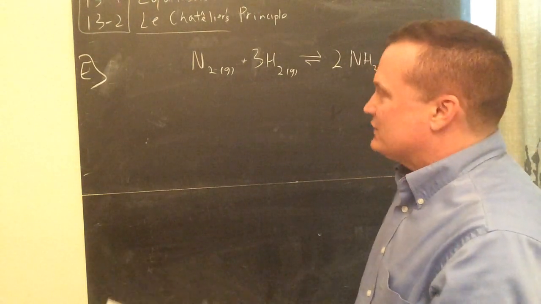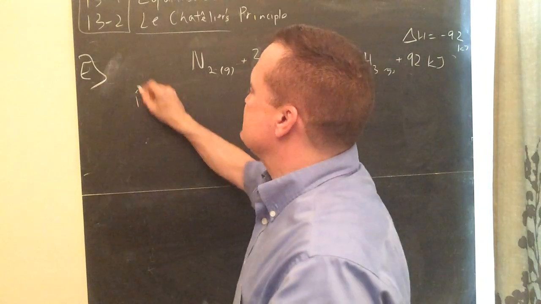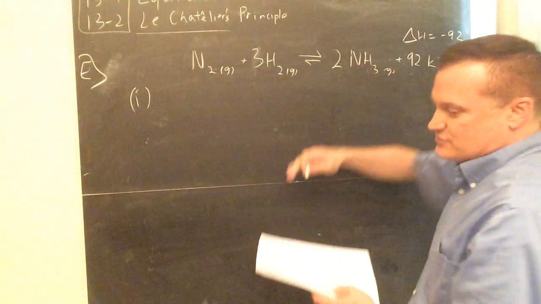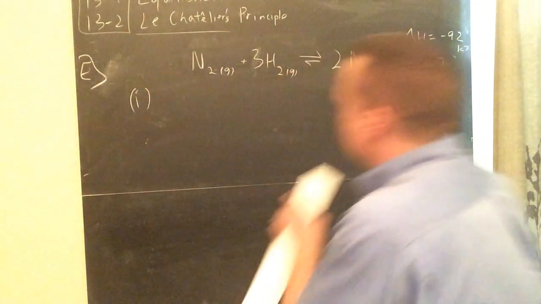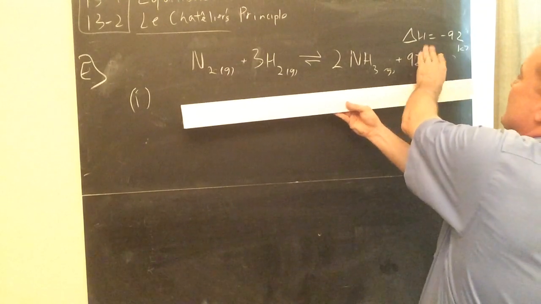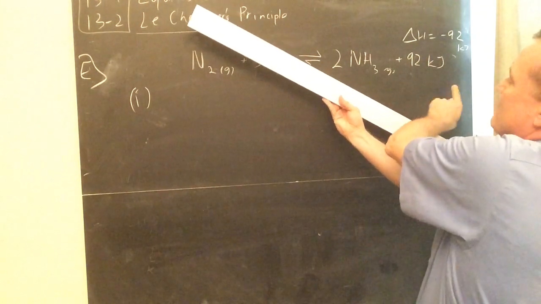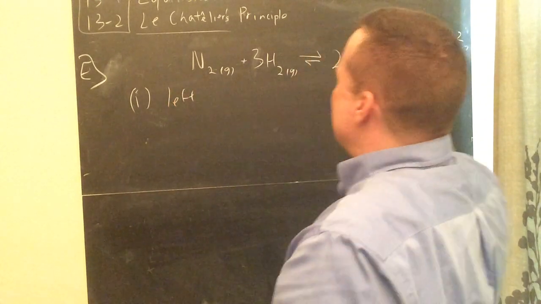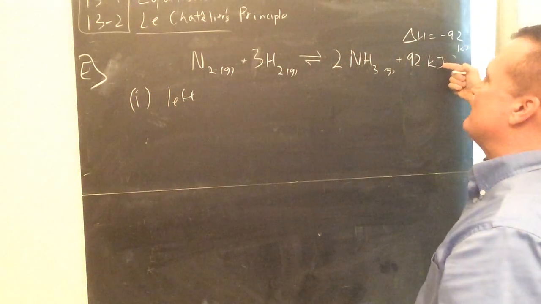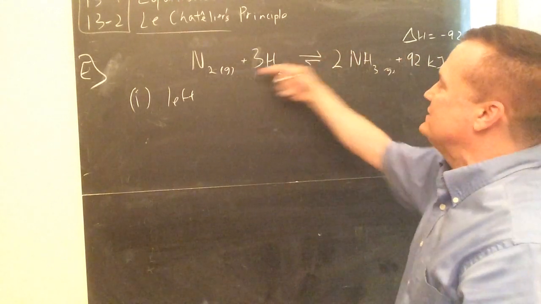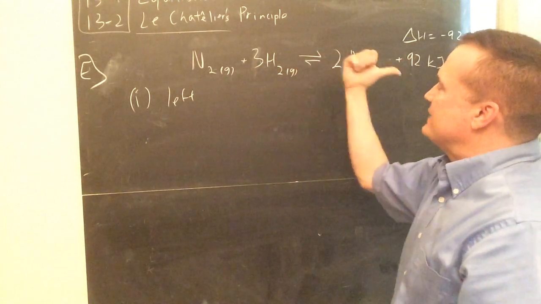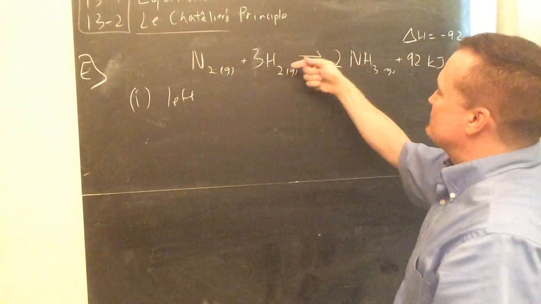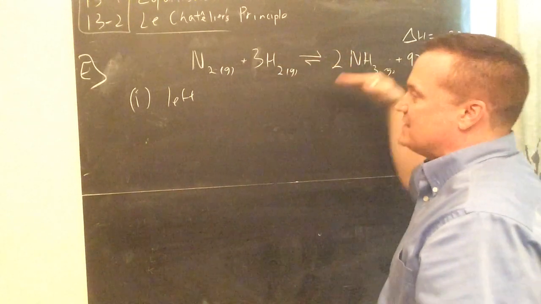So number one, if I increase the temperature of the system, will it shift left or right? Increasing the temperature, as we just said, means I'm adding more kilojoules to it. So boom, we're out of balance. It will shift left to get back to equilibrium. You can also say that instead of shifting, it will favor the reverse reaction, and the forward reaction will be less favored, until they get to the new positions.